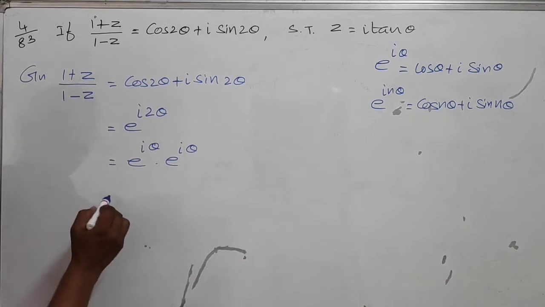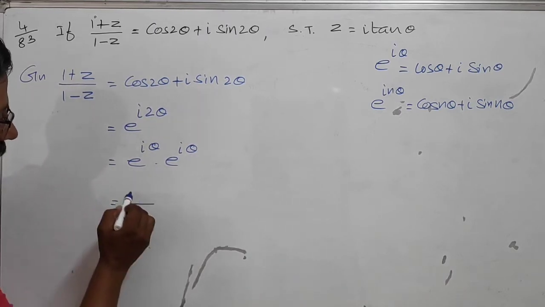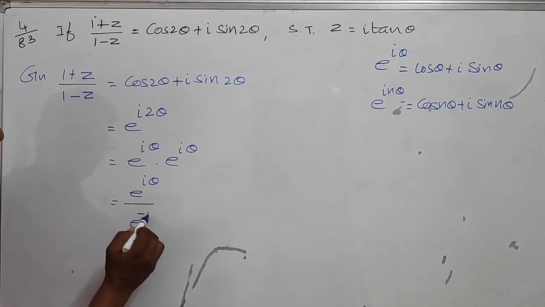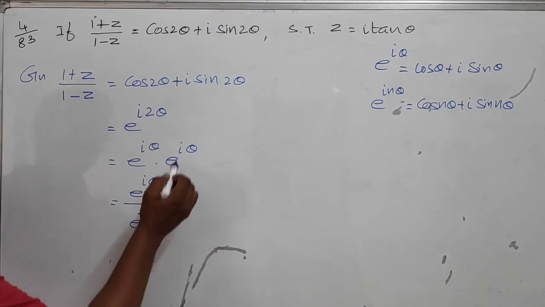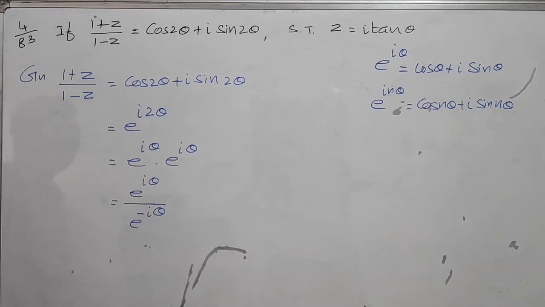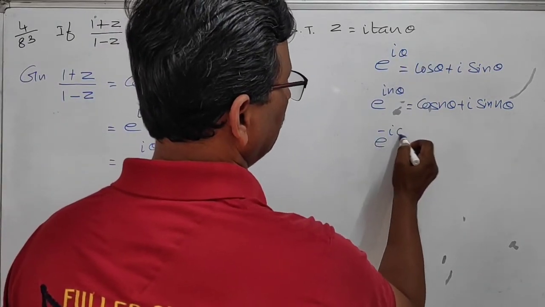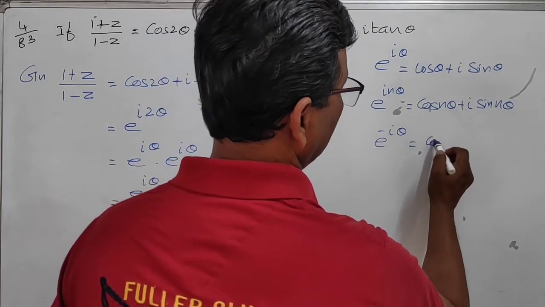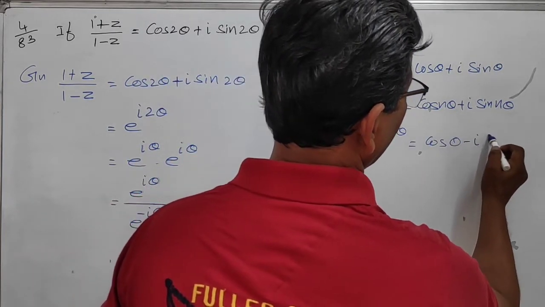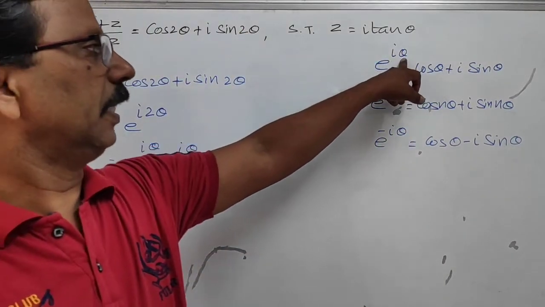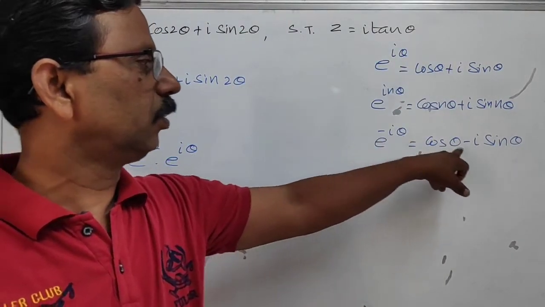Now after this we can rewrite this as e power i theta by e power minus i theta, bringing this down. Now e power i theta is this one, means e power minus i theta is nothing but cos theta minus i sin theta. If it is plus theta you can write this one, minus theta you can write like this.